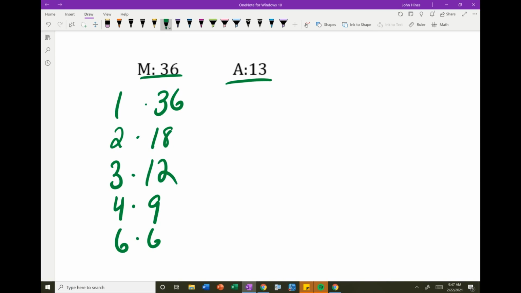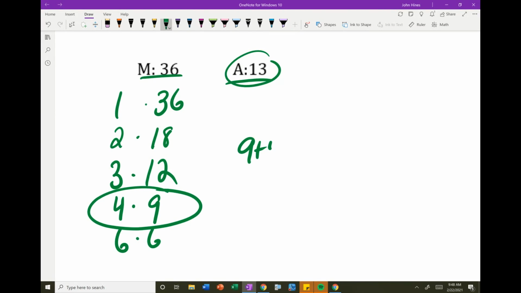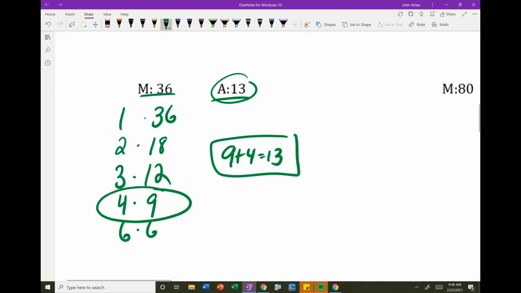So which of these pairs of factors adds to 13? So when I add these factors together, I need to figure out which pair adds to 13. Well, last time I checked, 9 plus 4 is 13. So those are the two numbers that I need, 4 and 9.